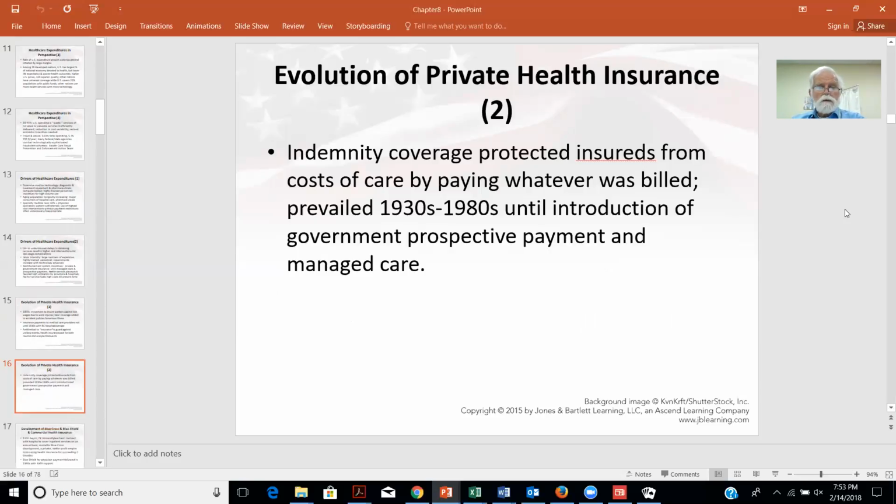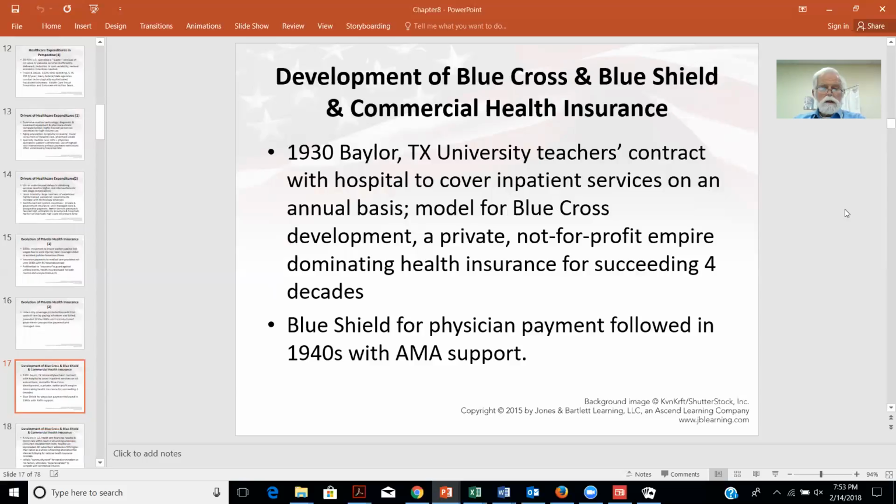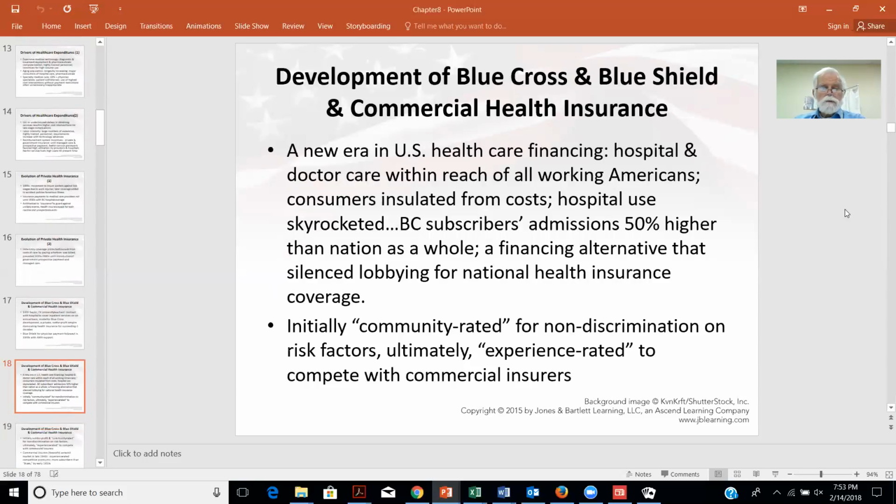So the idea of the cost, but basically, whatever the billing was, there was no control, and the appearance of Medicare really ramped that up. Now we have government controls through the prospective payment and managed care payments and stuff. We won't talk about that.